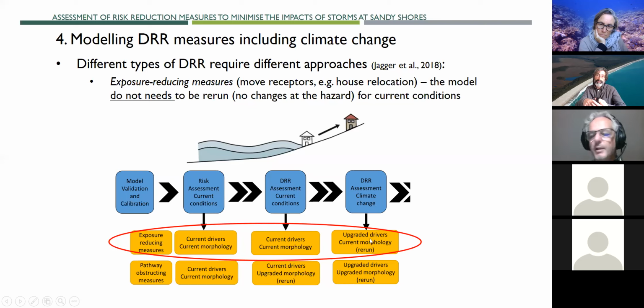If we include climate change, in this case, we update the drivers. So we need to include sea level rise, and change in wave height, and if we upgrade the drivers, then we need to rerun the models.